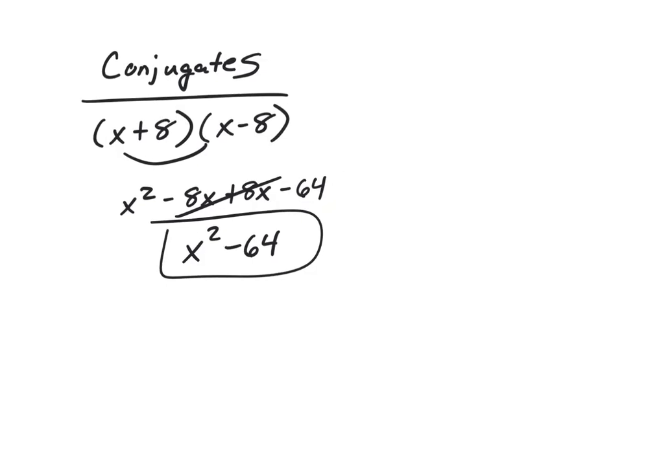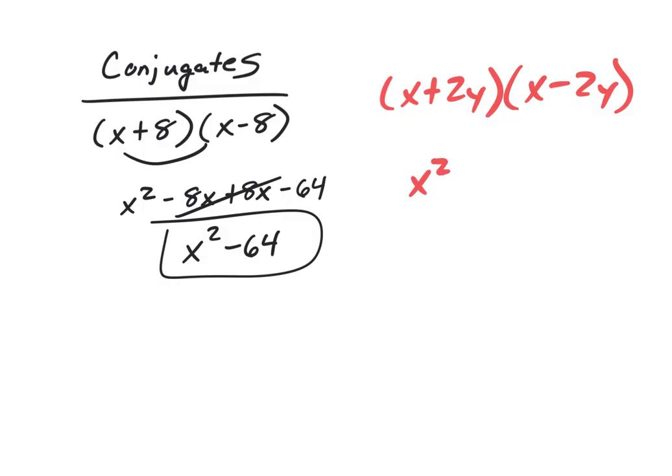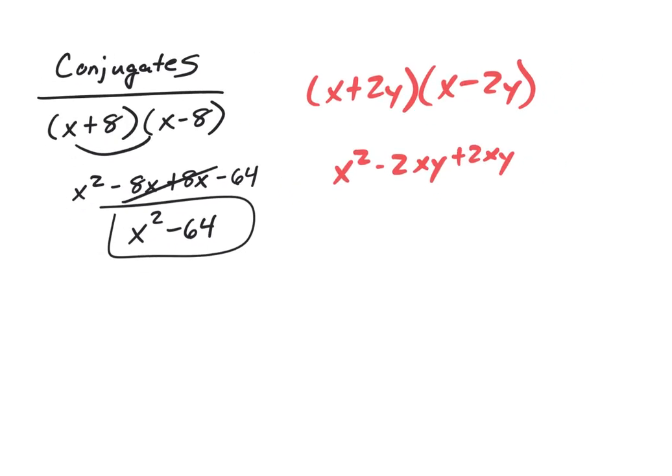Okay, even if we see one like we did a little bit earlier, if we had x plus 2y and we have x minus 2y, we're still going to FOIL it. And it has to be two terms to be a conjugate. So if you have a trinomial, you don't have a conjugate of a trinomial or a monomial. It's got to be two terms. So we've got x squared, and then we have a negative 2xy, a positive 2xy, minus 4y squared.